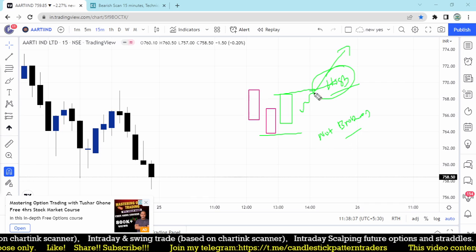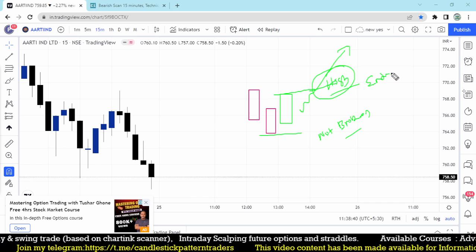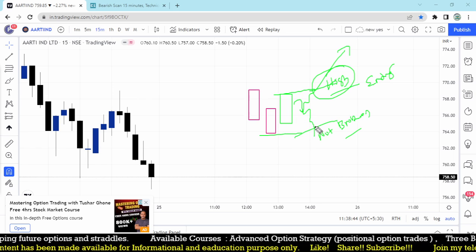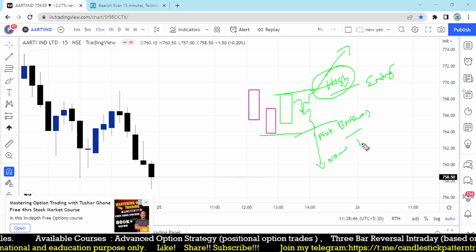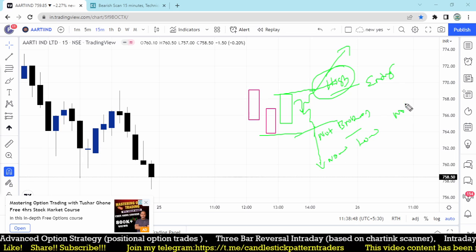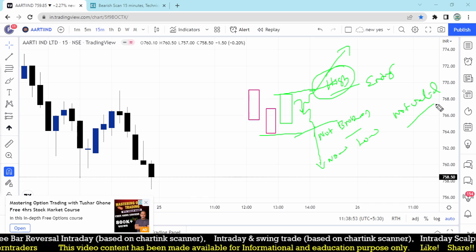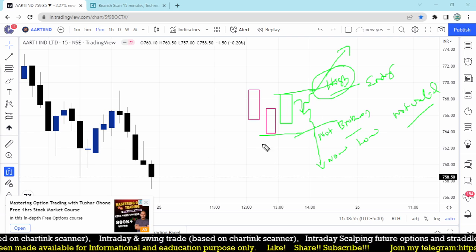If without giving you entry it breaks your lowest level, if it makes any new low, then that entry is not valid. We should avoid such a trade.